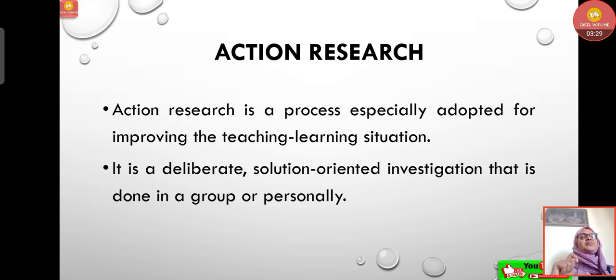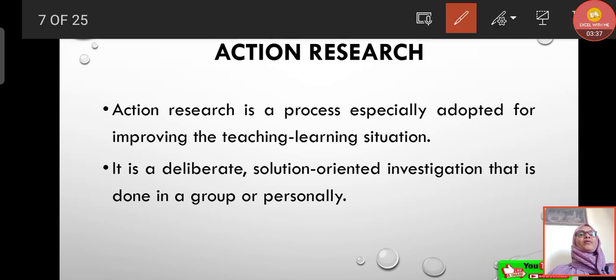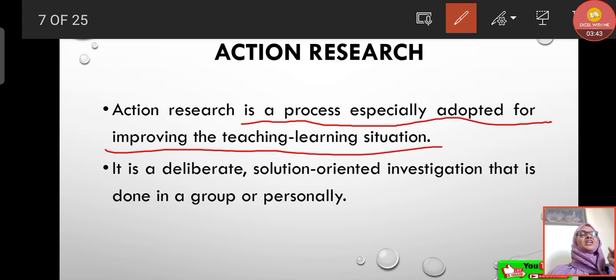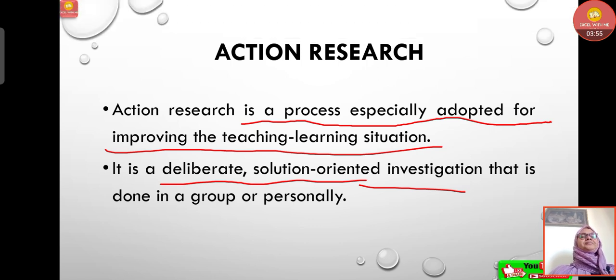Action research is a process especially adopted for improving the teaching learning situation. So this is the very important thing we have to understand: a process adopted for improving teaching learning situation. Now it is deliberate, solution oriented investigation that is done in a group or personally.